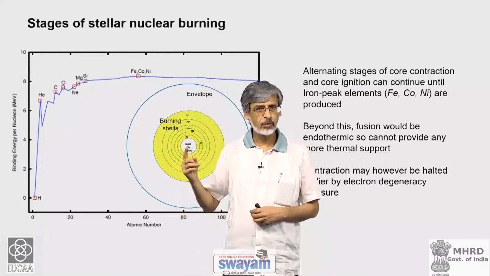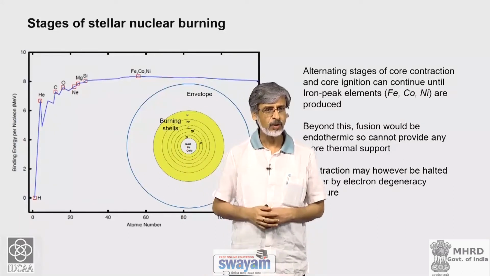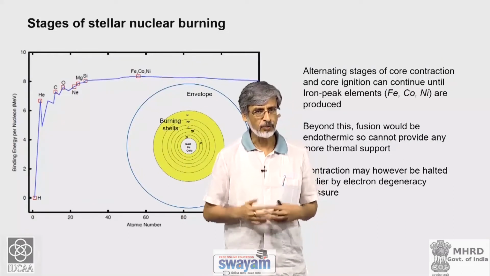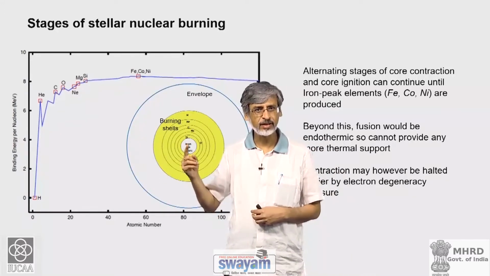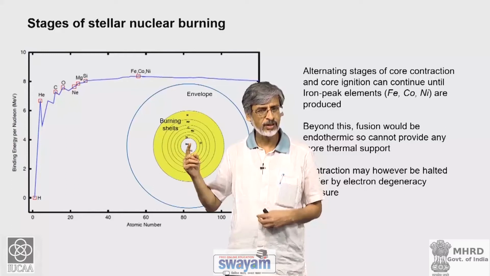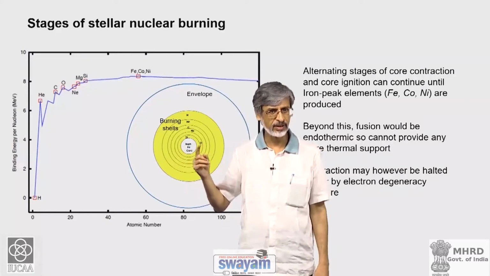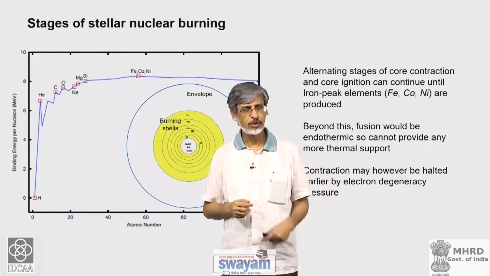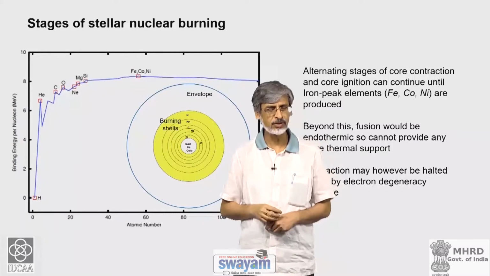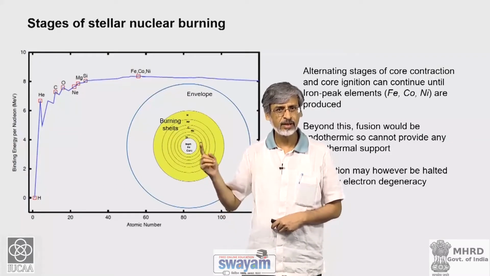The production of iron in the core will of course have come through these various stages of nuclear burning, and as we saw in the case of helium burning, there was a shell of hydrogen around it, which became active when the helium core was collapsing.